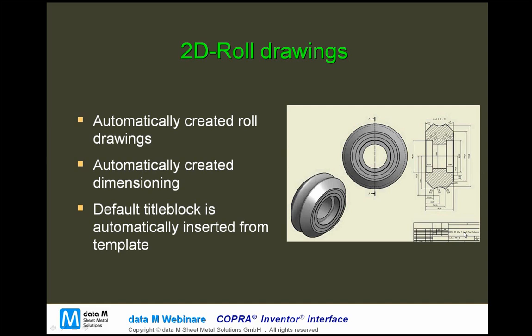And this title block will be on each roll drawing that we get. But you can also change this title block afterwards, when the project is already created, we can update this information.